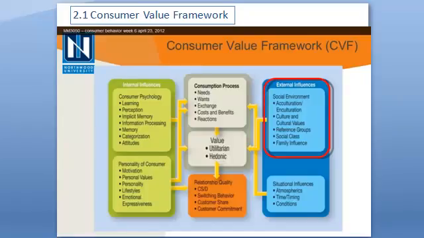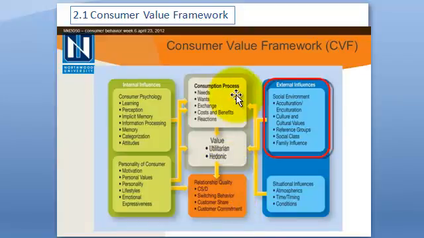Chapter 2 was all about value, and they start out talking about this customer value framework, which basically says value can be of two types, which we'll go through in a second. The consumption process can be influenced by internal influences, external influences, situational influences, and also by our relationship quality.